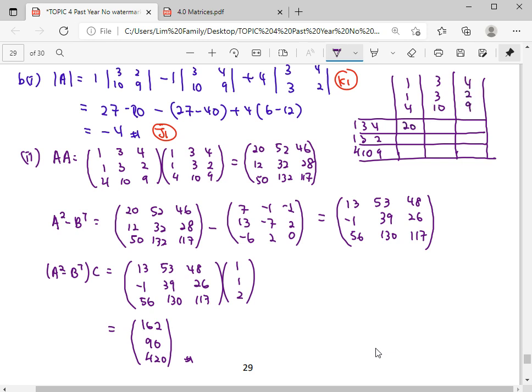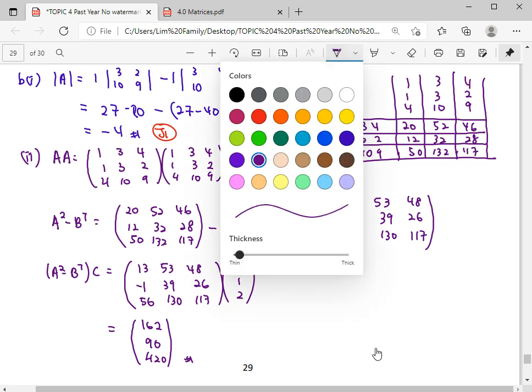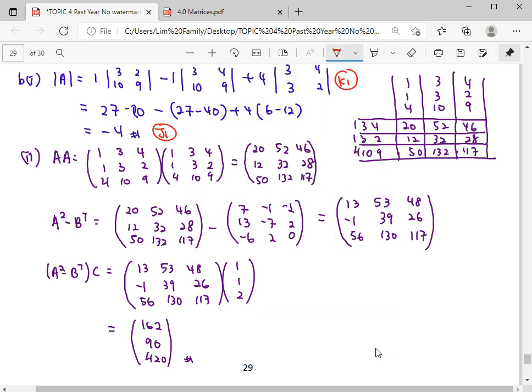So getting your answer this. This is the multiplication they want to see, your row times your column, and get to the answer.